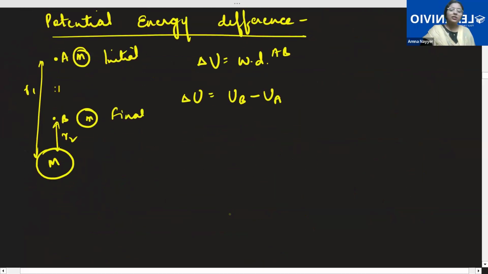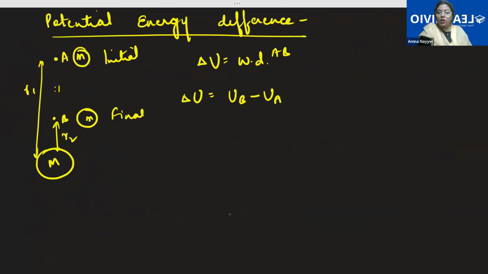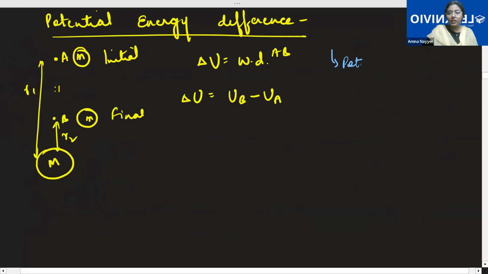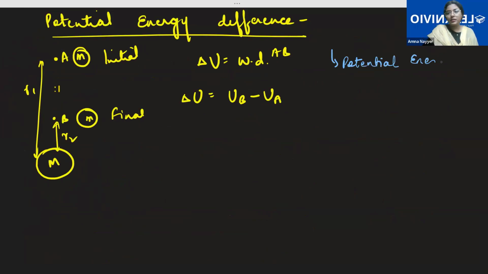We had to start with potential energy difference. See, potential energy difference means that when we talk about potential, two terms are there. One of the terms is only potential energy.